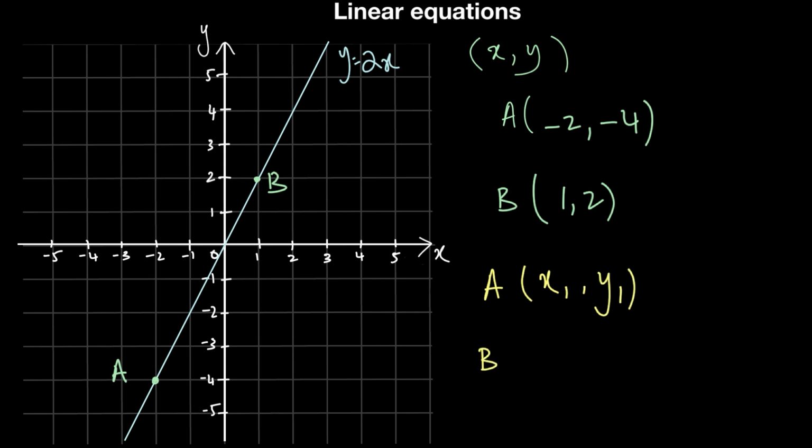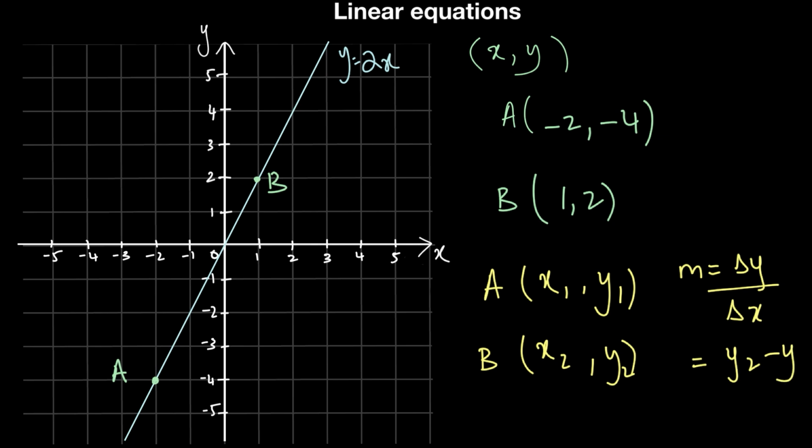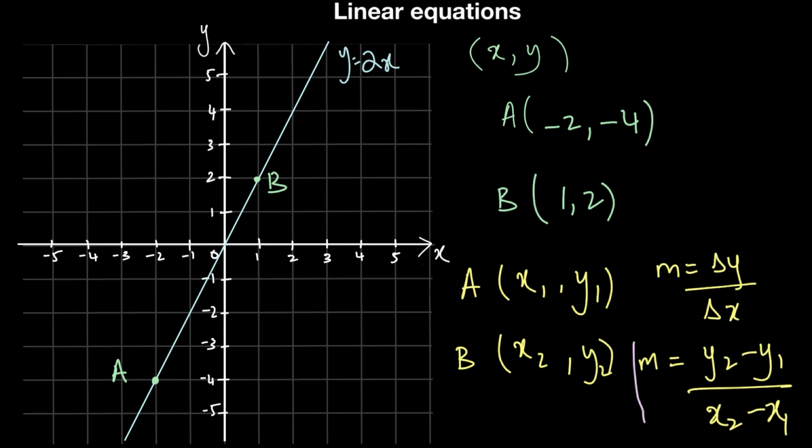And B, which is my endpoint, is simply x2 comma y2. Since the slope is the change in y over the change in x, the difference between the values of y is y2 minus y1, whereas the difference between the values of x is x2 minus x1. So this is probably an equation that you are familiar with from your previous years: the slope is simply y2 minus y1 over x2 minus x1.